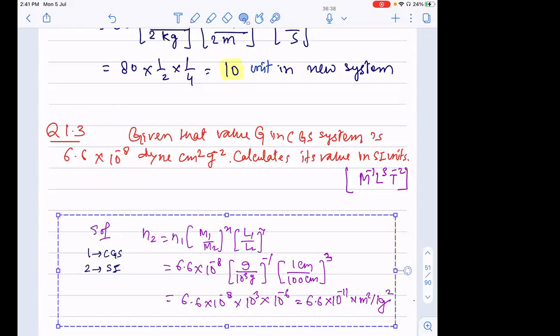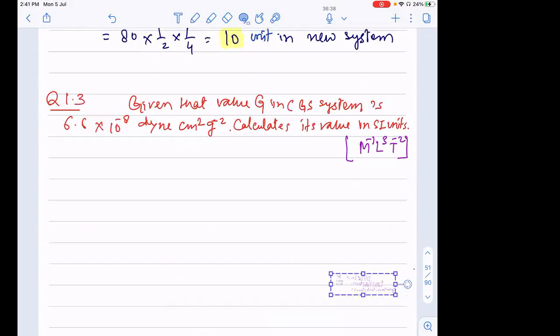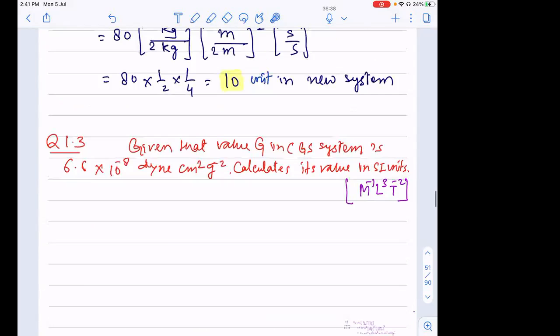Can you see this is the third part of the first question. Given that the value of G in CGS system is this much. Dyne, as we are just now seeing, is the CGS unit of force, and centimeter is of course easy to convert.